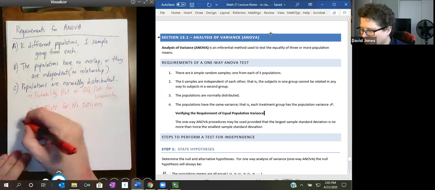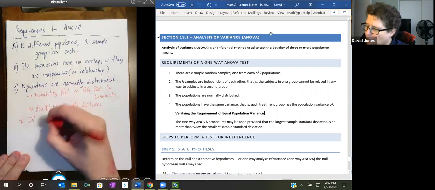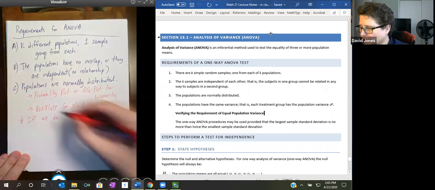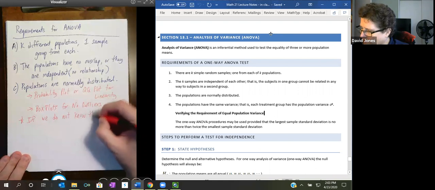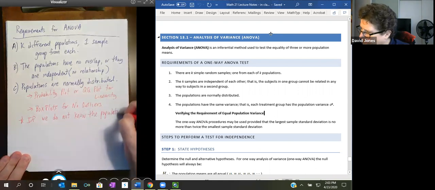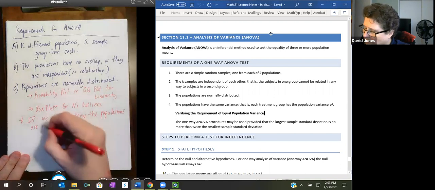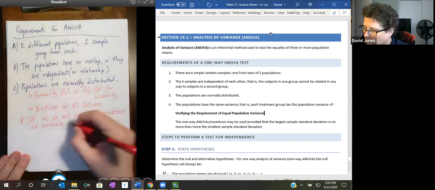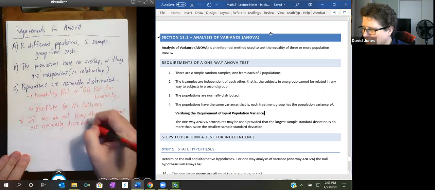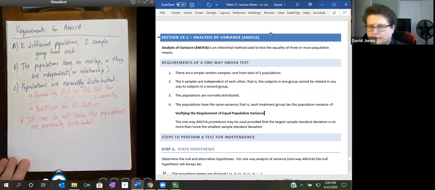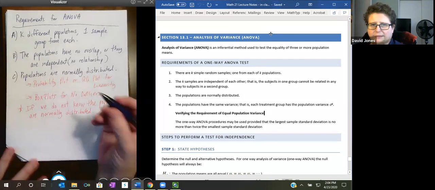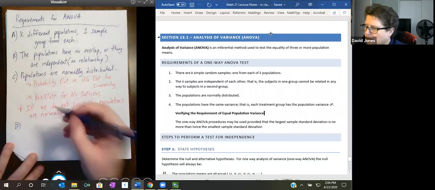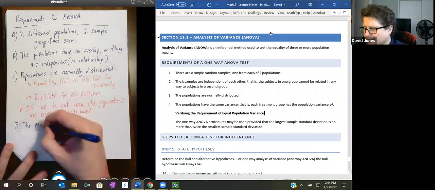And that is all if we don't know if the populations are normally distributed. Many problems will tell you that they are. And the final requirement we have, populations have approximately the same variance.